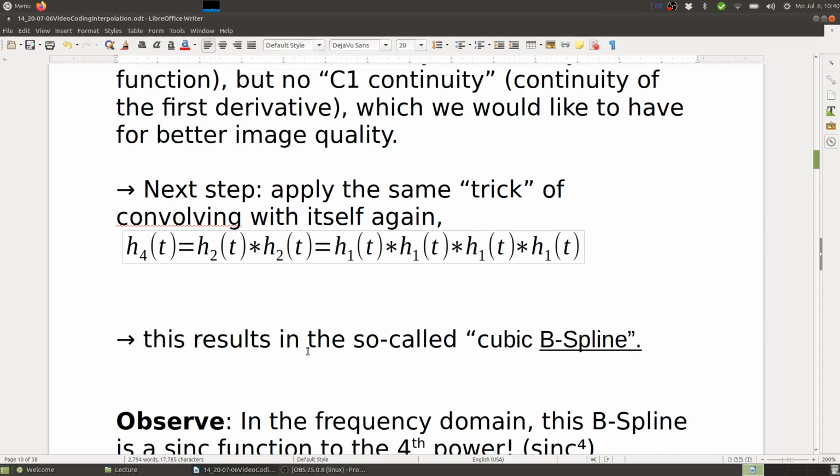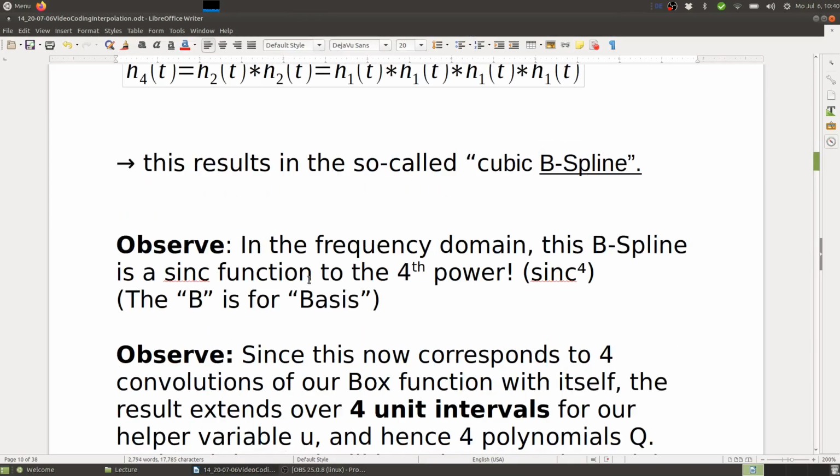This results in the so-called cubic B-spline. h4, as it turns out, has 4 unit intervals, so we have 4 different polynomials, and each polynomial is of third order. And that's why we can make the second derivative also continuous.